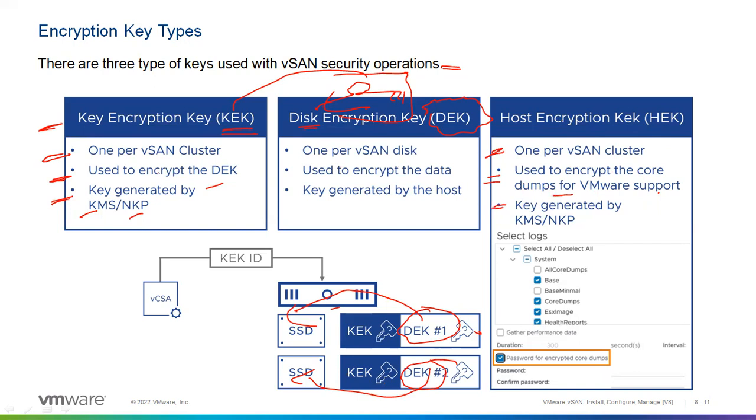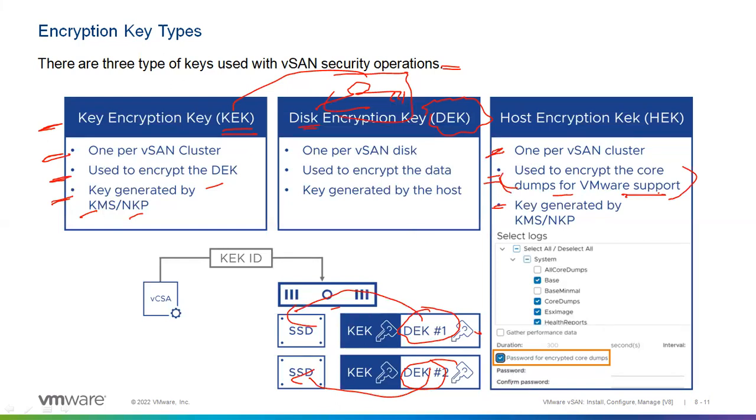Okay. So again, this KMS, as I say, is not only for encrypting your vSAN; it also encrypts your core dumps, the kind of dumps you want to generate for VMware support. Those can be encrypted by the KMS server.